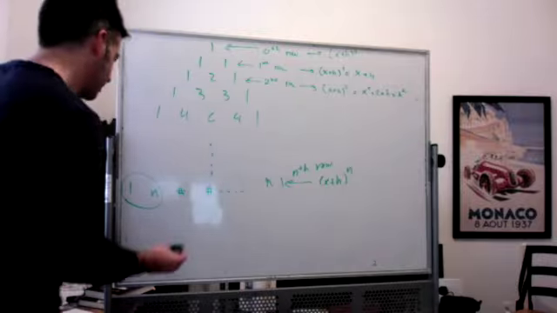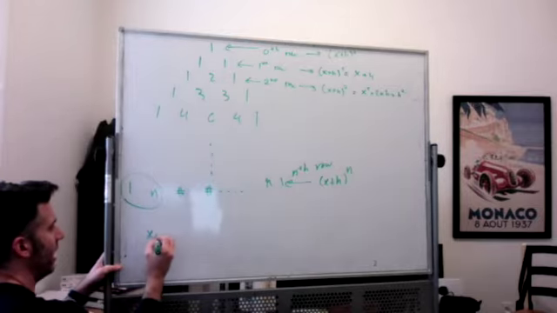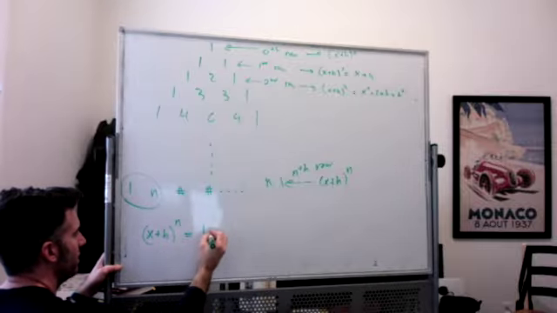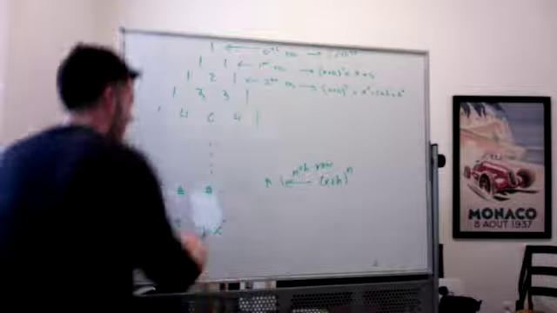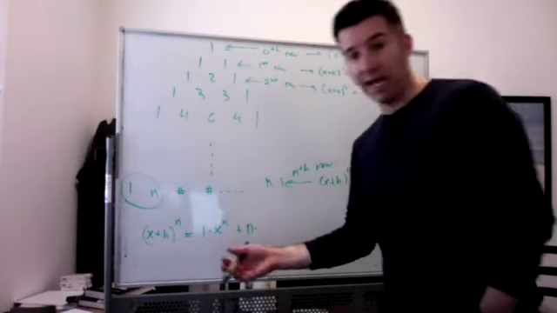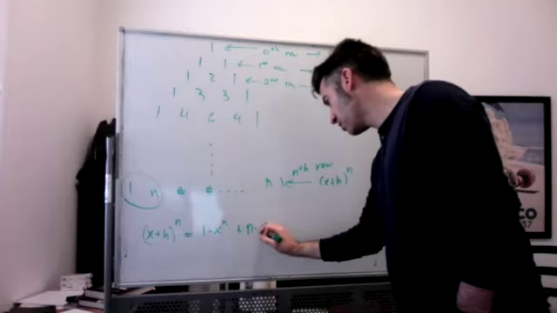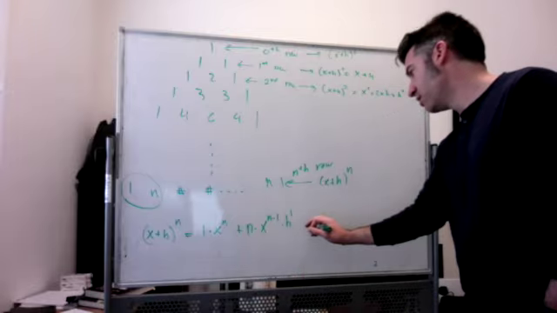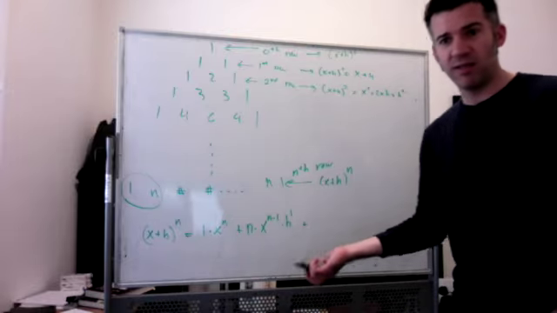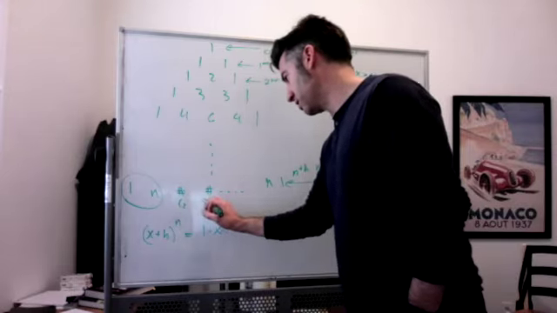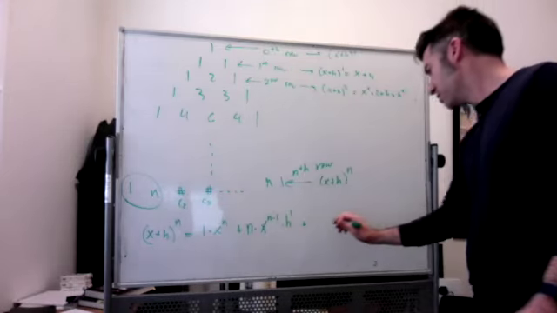So when I write out x plus h to the n, here's what I get. x plus h to the n is 1 times x to the n plus n times x to the 1 less power times h to the first, and then plus some other number. Let's call this C2, this is C3, right? They're constants.